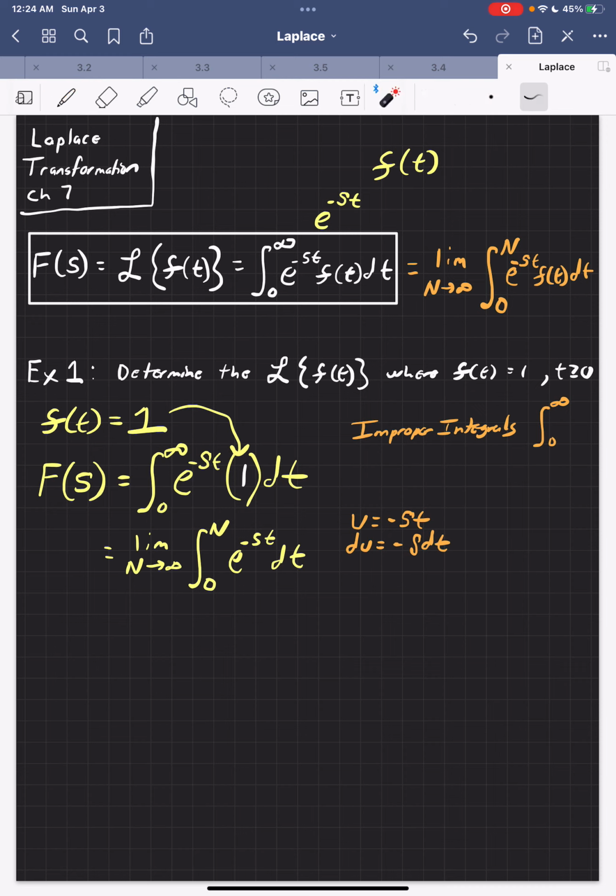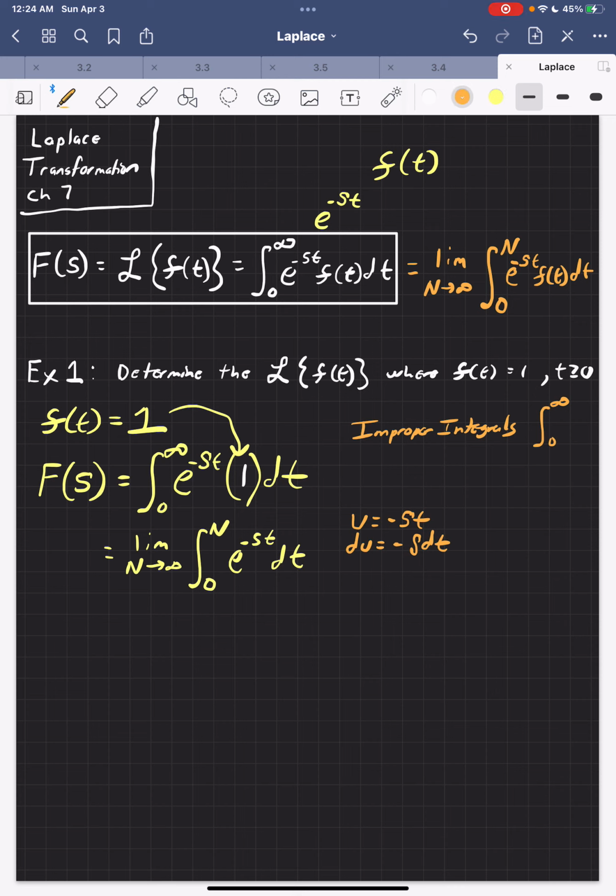All right, so at this stage, I can insert a u here for negative st, but the problem is, of course, I'm going to want a du here, but I'm missing the negative s. But that's okay, because we're treating s like a constant.